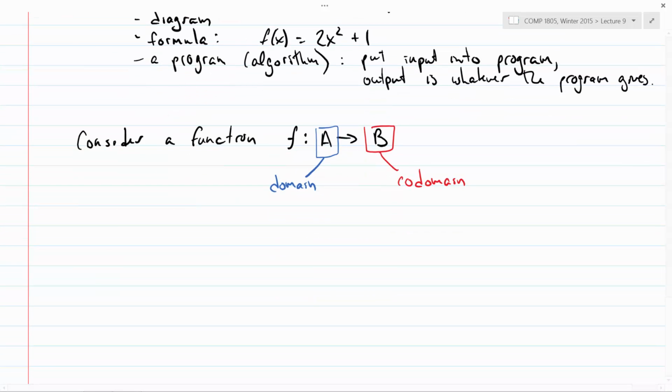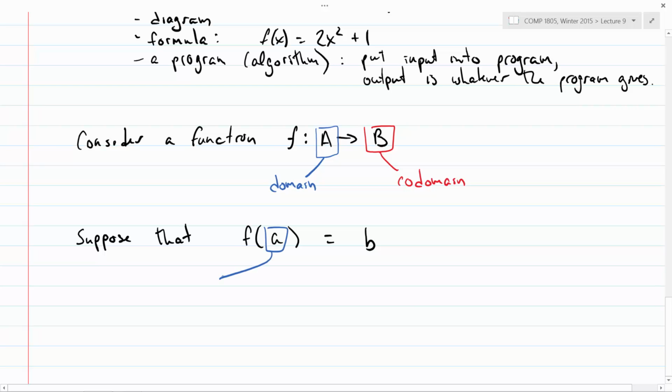All right, so now let's say that you knew that f of A was equal to B. In this case, A is called the pre-image of B, and on the other side, B is called the image of A. Is that okay?